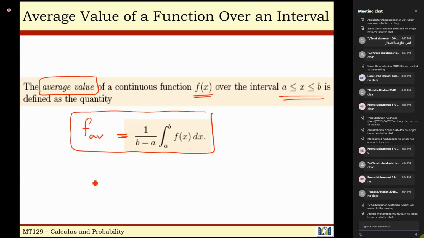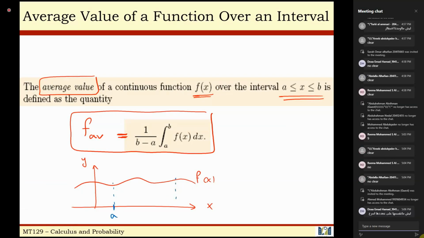So if we have, for example, x and y, a function like this, and we need to find the average between a and b, the average value means find this integral.